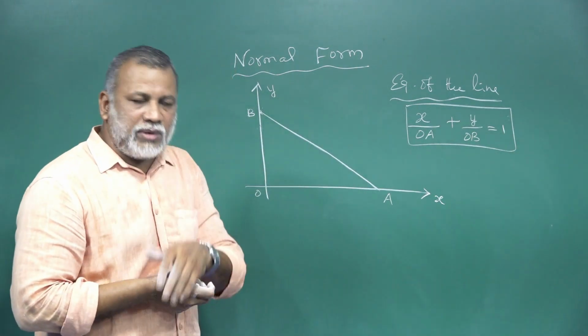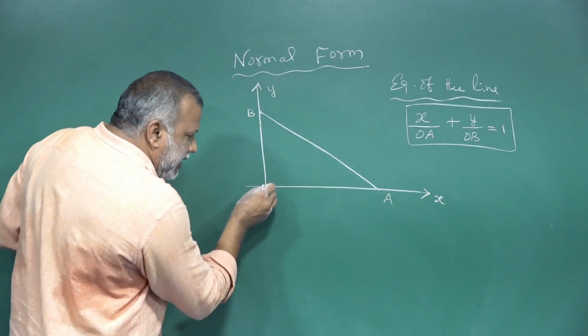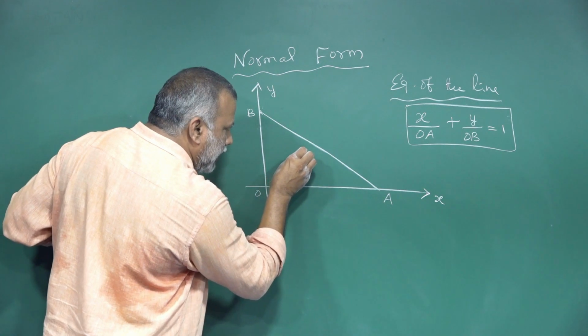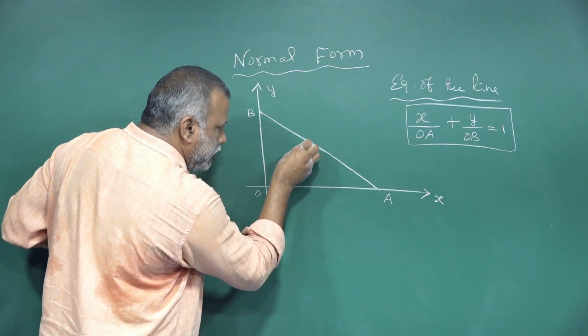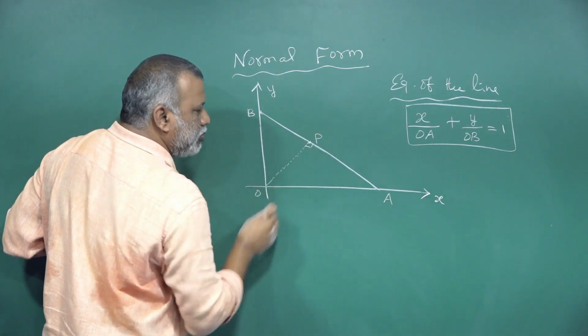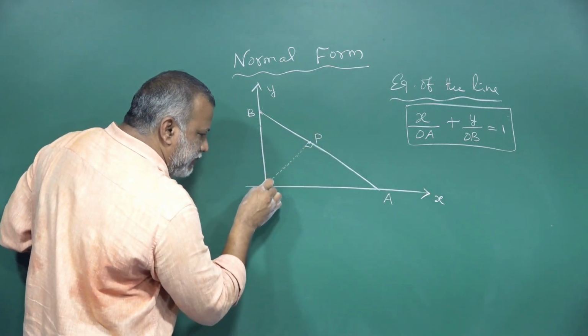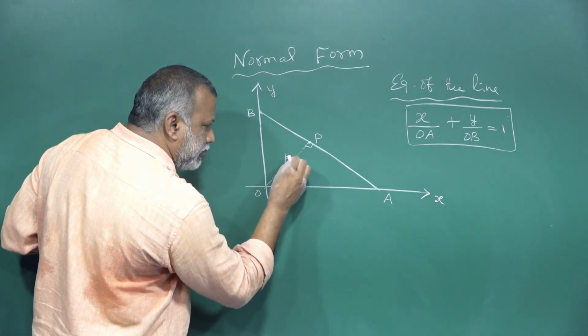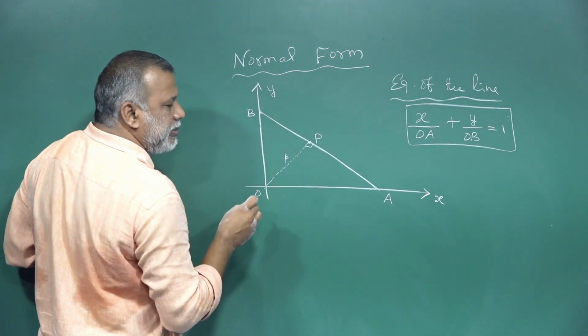Now what is new is that from this origin I have to draw a perpendicular line. Say this point is P. The distance from the origin to this point is also p, but use the small letter p.